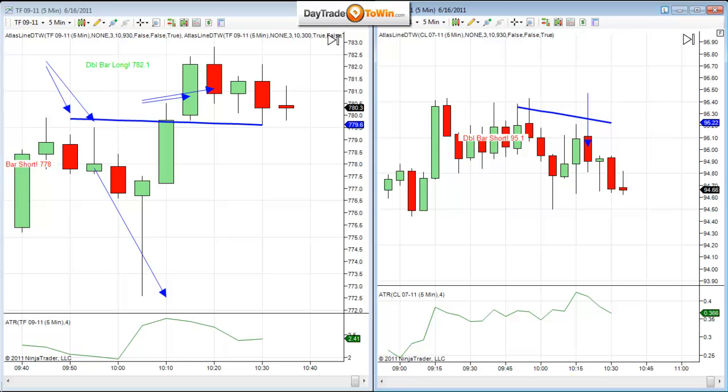Now, the Atlas line is not any type of moving average. There's not any indicator attached to it, so you don't have to think about optimization. If you look at how moving averages or any other indicator works, you have to input parameters into it. There are no parameters to input.